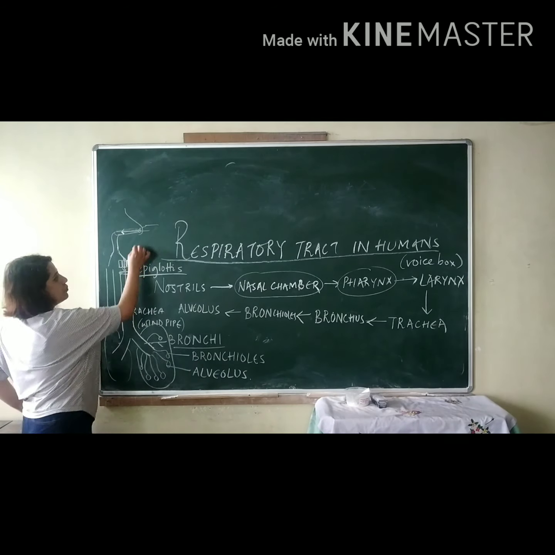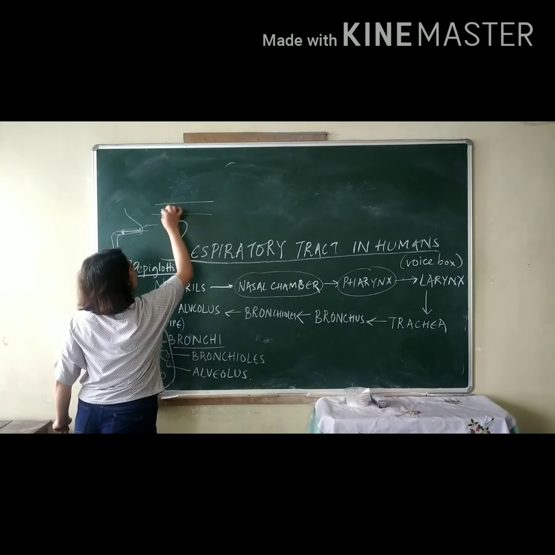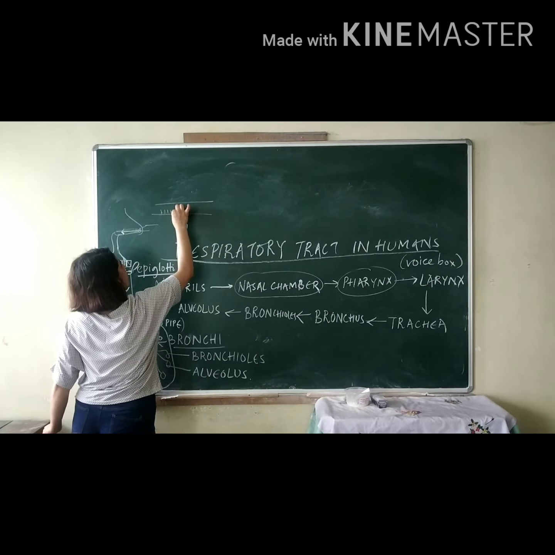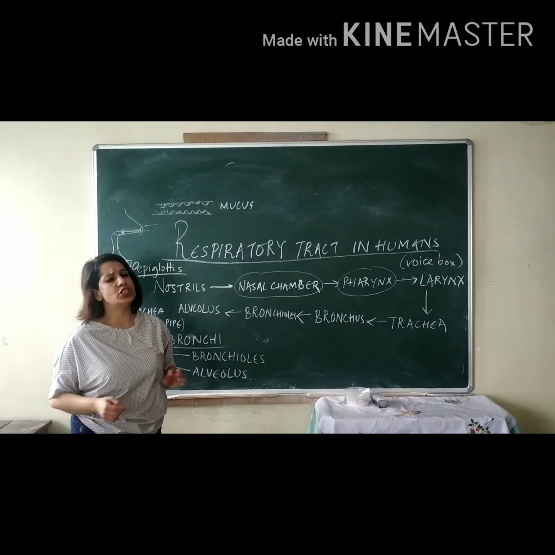The nasal chamber is also lined with hair, fine, small hairs, and mucus. Mucus is a slimy thing, okay? So it is also a jelly-like slimy thing called mucus. So our nasal chamber is lined with fine hairs and mucus. Now what does this hair and mucus do?